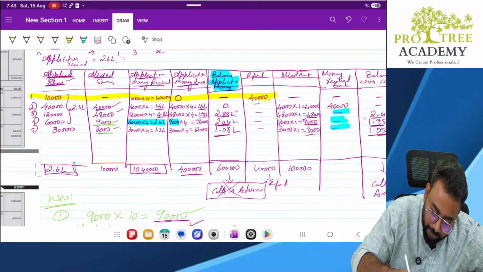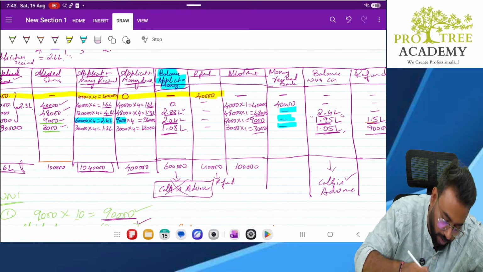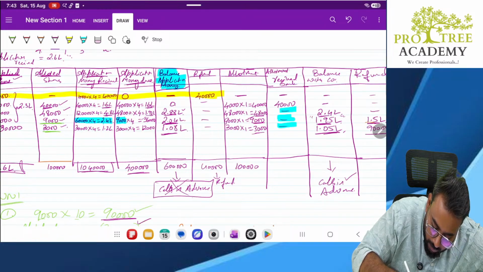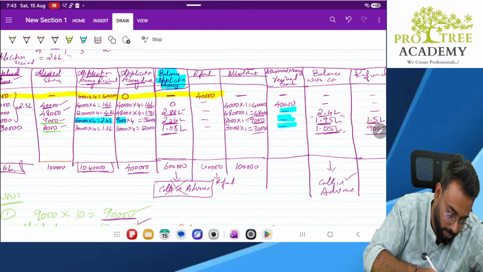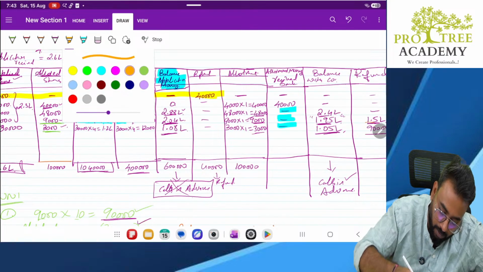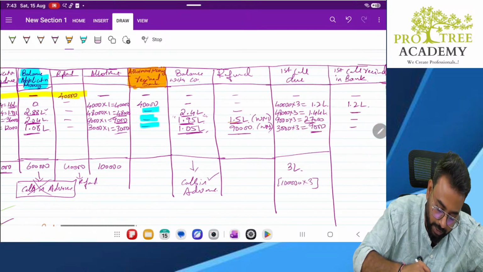On allotment, have we received any money in the bank? I should have written it here only. I'll just write. Allotment money received in the bank. This column. Allotment money received in the bank. See, always look at the bank money received. Okay, that is important here.